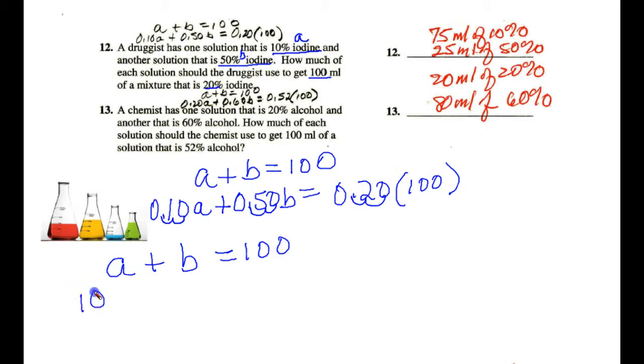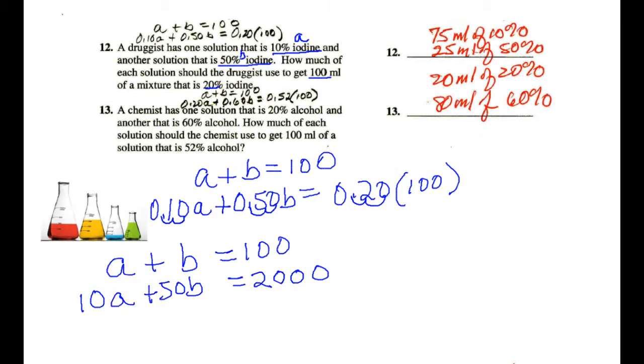And now we're going to have 10A plus 50B equals, we just can multiply that. 2 times 100 is 2,000. So I need 3 zeros here. Okay, now nothing cancels out.